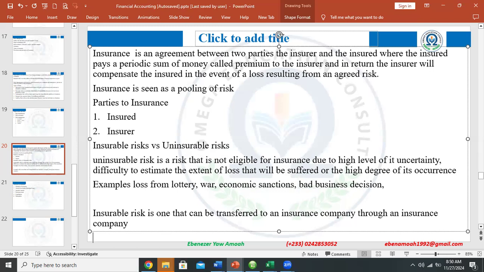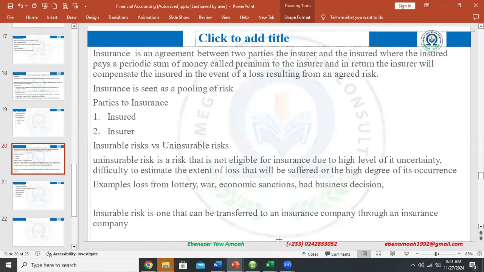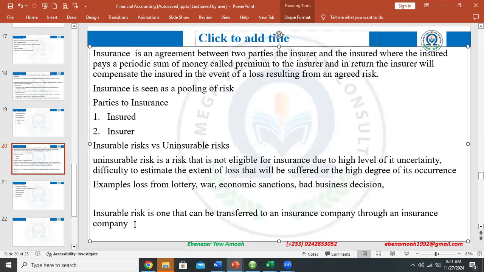Okay, and why is it so? Because number one, its occurrence is very uncertain, as compared to the uninsurable. As for that one, it has a high degree of certainty, I should say.